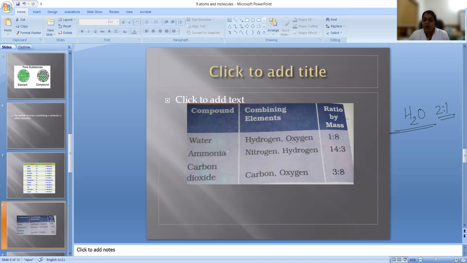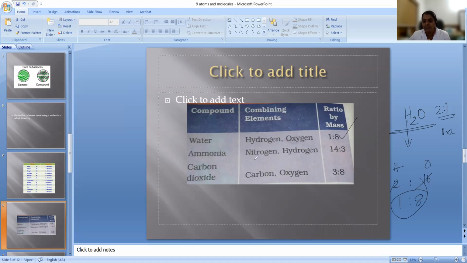If you take the mass ratio, the mass of hydrogen is 1, and since there are 2, it becomes 2. For oxygen it is 16. When you take the ratio, it will cancel and you will get 1:8. That is what is given here. They are in 1:8 ratio.